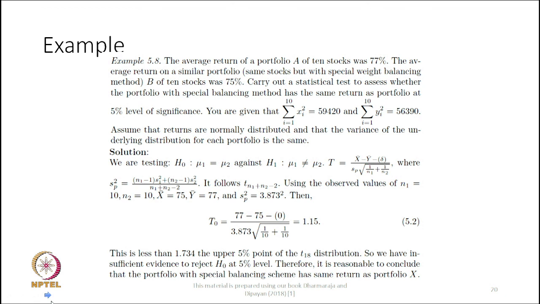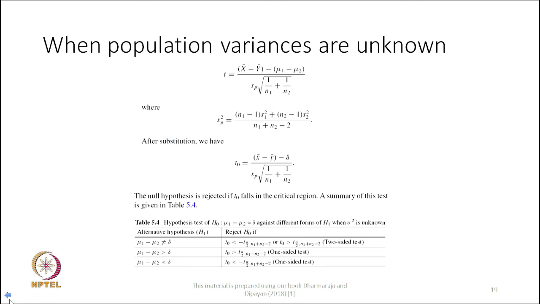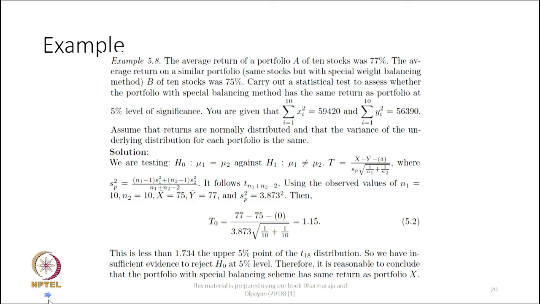Here the test statistic is a capital T, and you can follow the theory which we have just now described. You can use this theory and get the value of the pooled sample variance, that is Sp square, and n1 is 10 and n2 is 10.